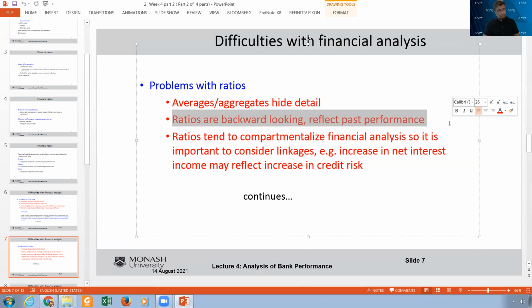But we want to know for planning, and if I'm an investor, potential or current investor, I want to see what the bank is going to do in the future. I'm not really interested in its history. So the impression is that the past will reflect itself in the future, but actually this is not always true. So one of the problems with ratios is when we show the ratios, we think this is the position of the bank.